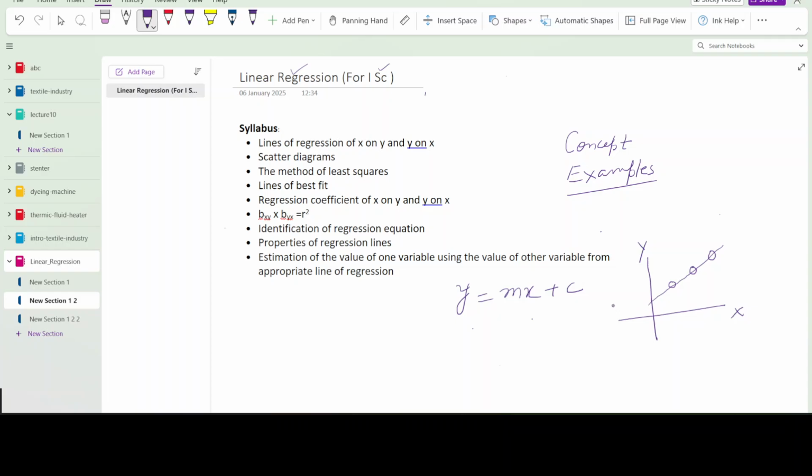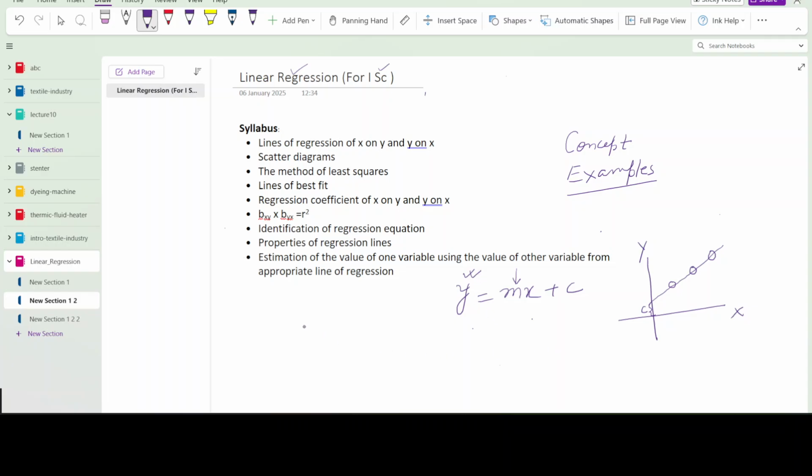Here c is the intercept, m is the slope, x is known as the independent variable, and y is the dependent variable.